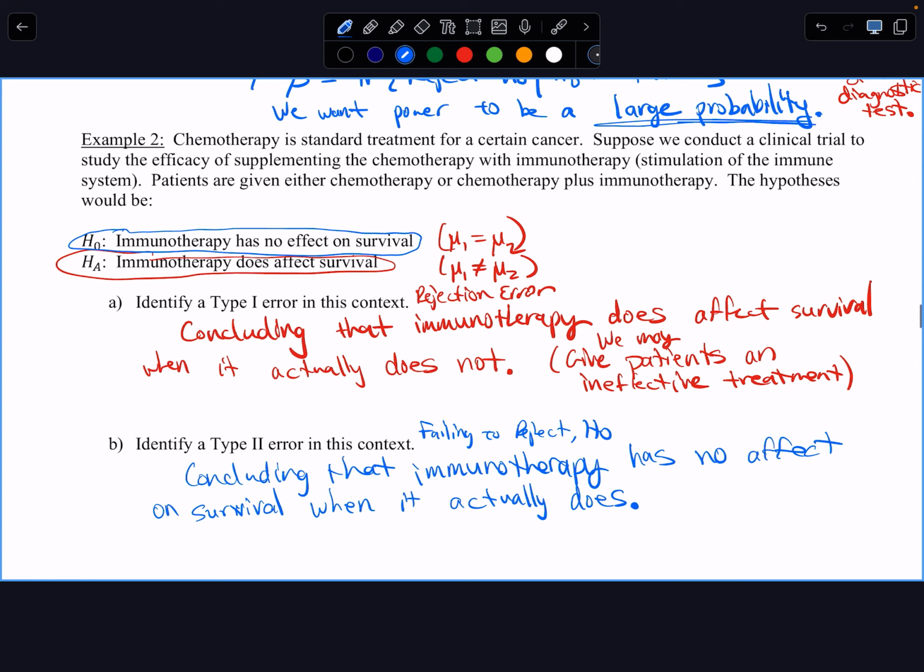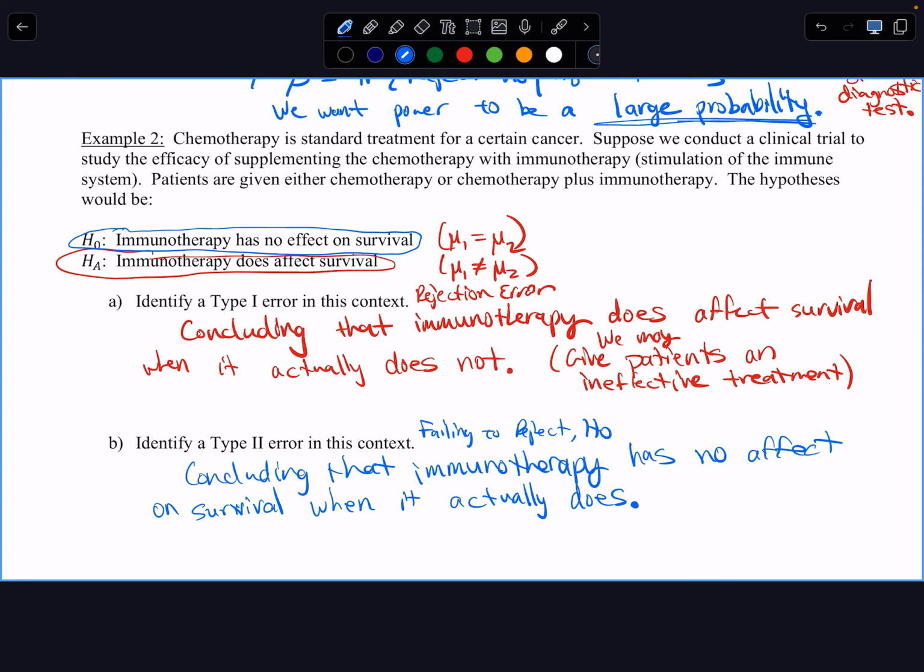And that's also an error that we don't want to make, because in this case, patients may miss out on an effective treatment.